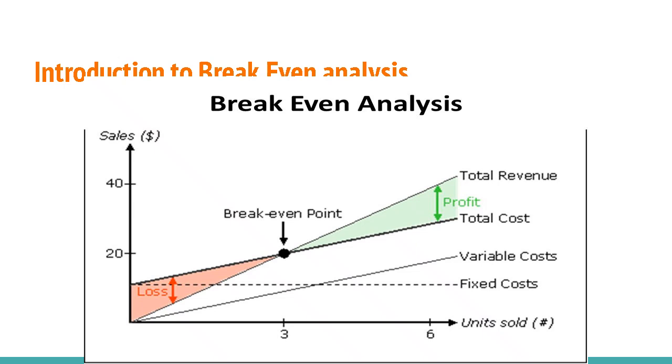First is the variable cost, then fixed cost, then total cost and total revenue. When the total revenue crosses the total cost, that point is called the break even point. There we start to make a profit.